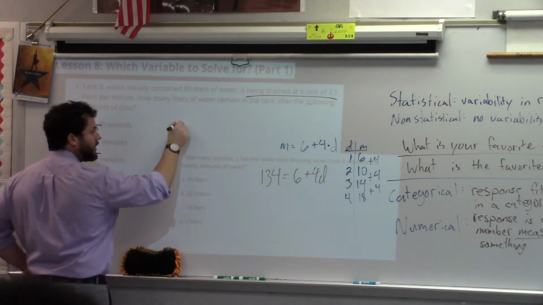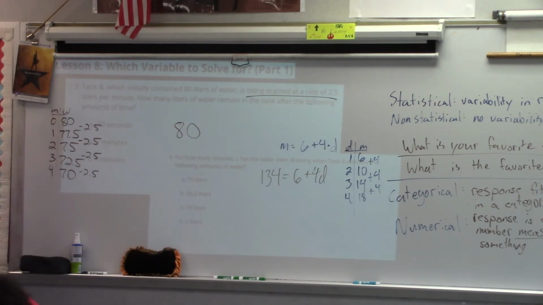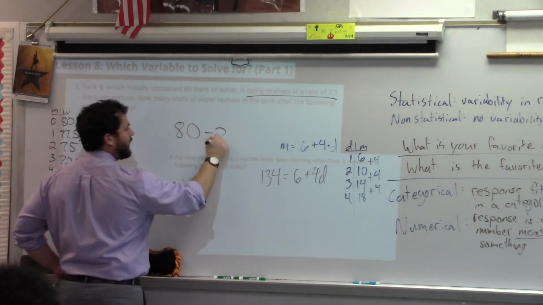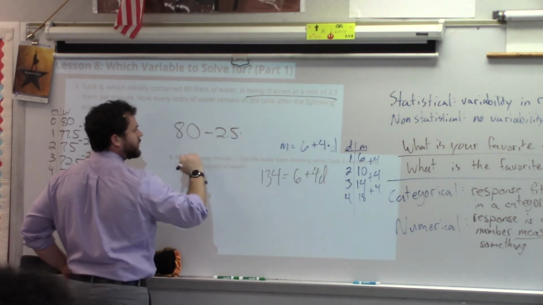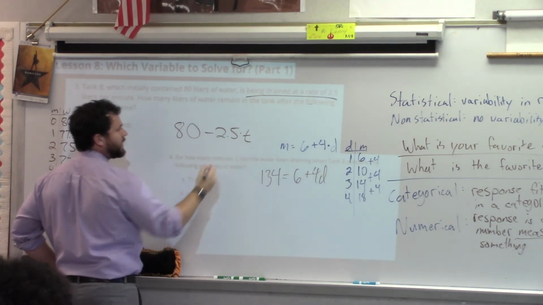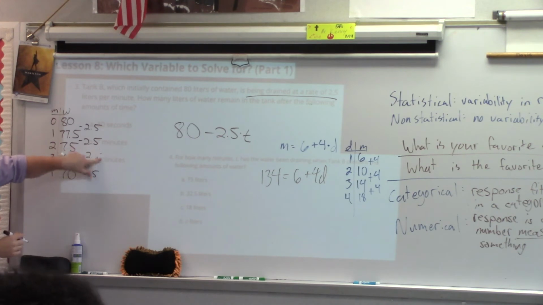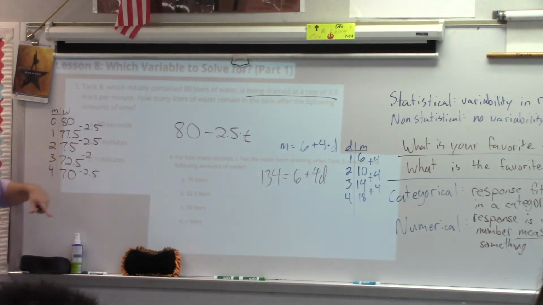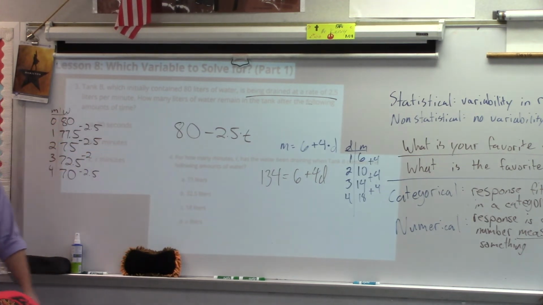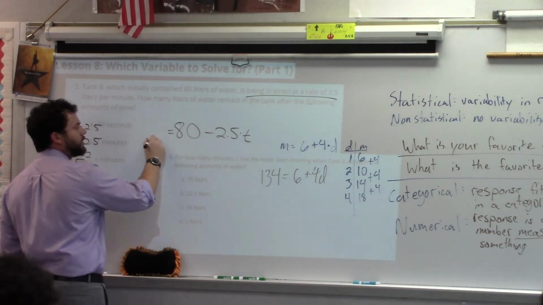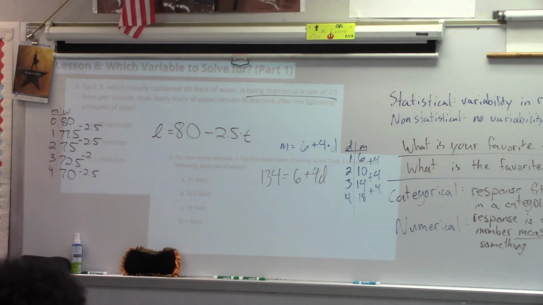Okay, so I've started with an 80, didn't I? 80 minus 2.5 times x. I would probably use t because they said t minutes. Terrence, attention please. Thank you, sir. So what is represented by 80 minus 2.5t? Liters of water.